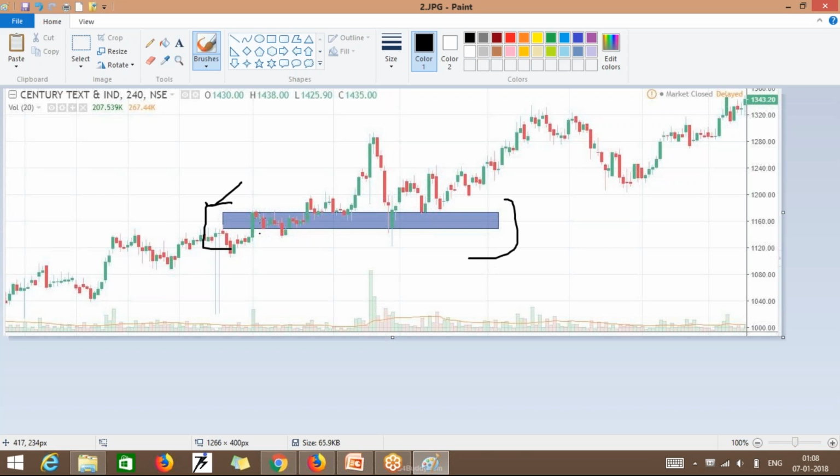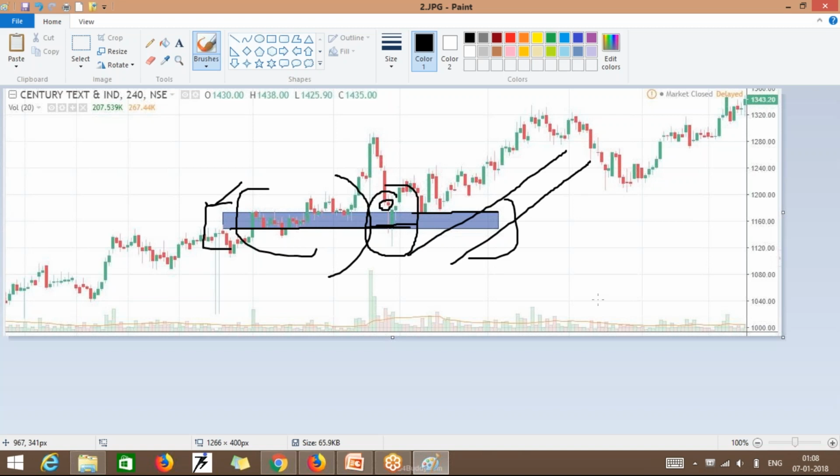Here it went up and again it's giving support, and till this level also it is giving support. So here the pin bar was formed. I'm talking about this red candle. Here the pin bar is formed and the pin is exactly to this level, to the support zone. Can you see how the price went up?